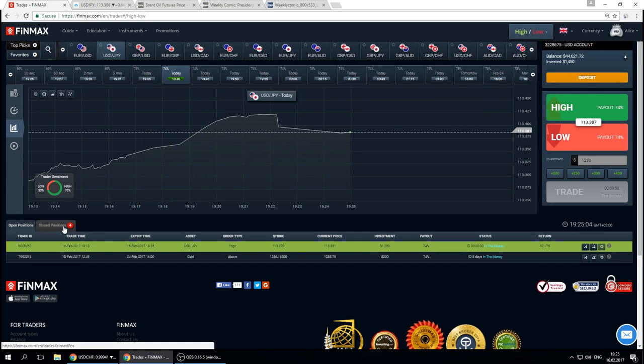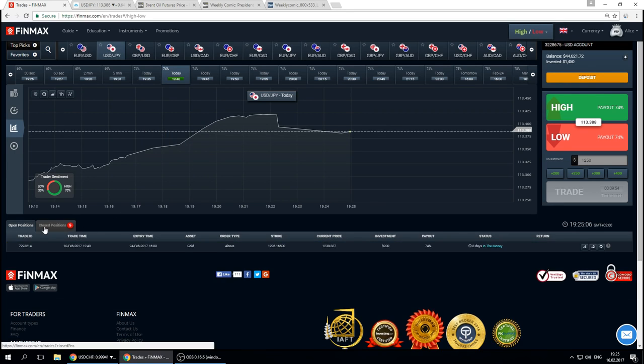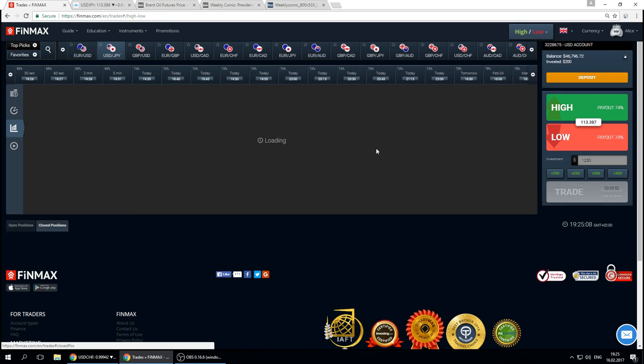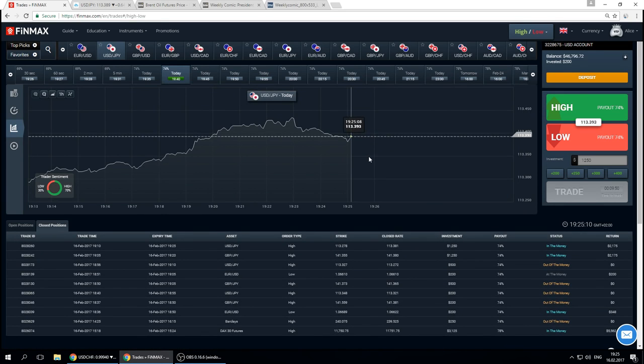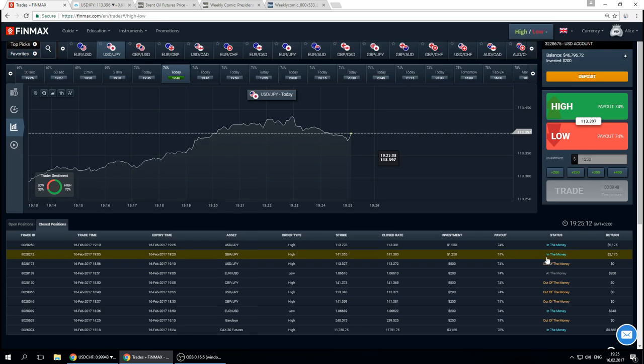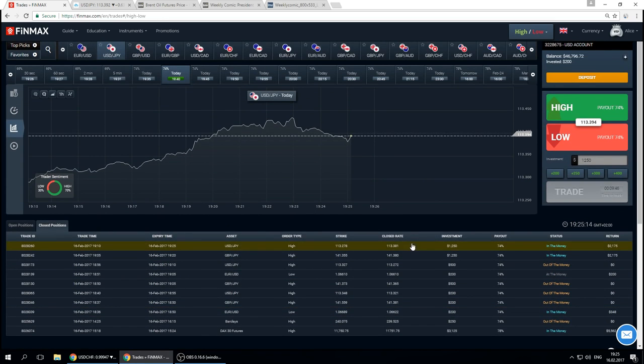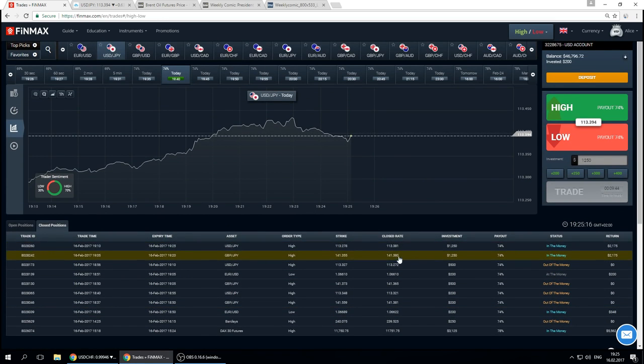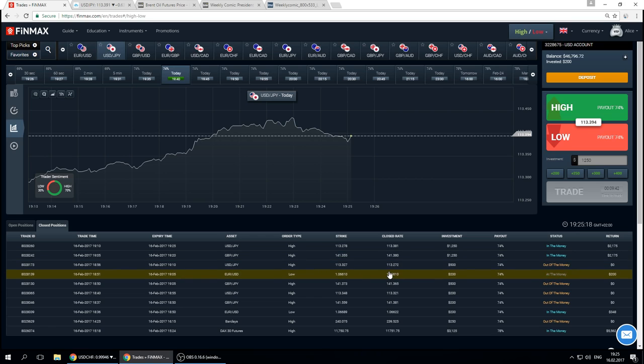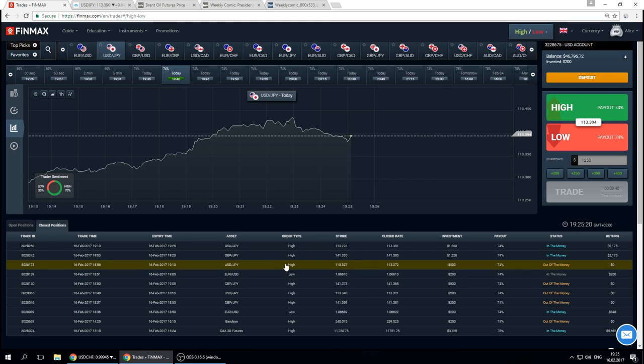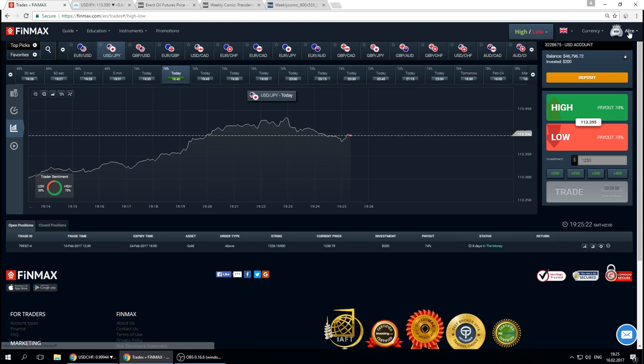So yes, it's closed. I have a question to show the results. I believe that's from those who didn't trade with us. Okay. So you see here the last 2 trades which expired in the money.